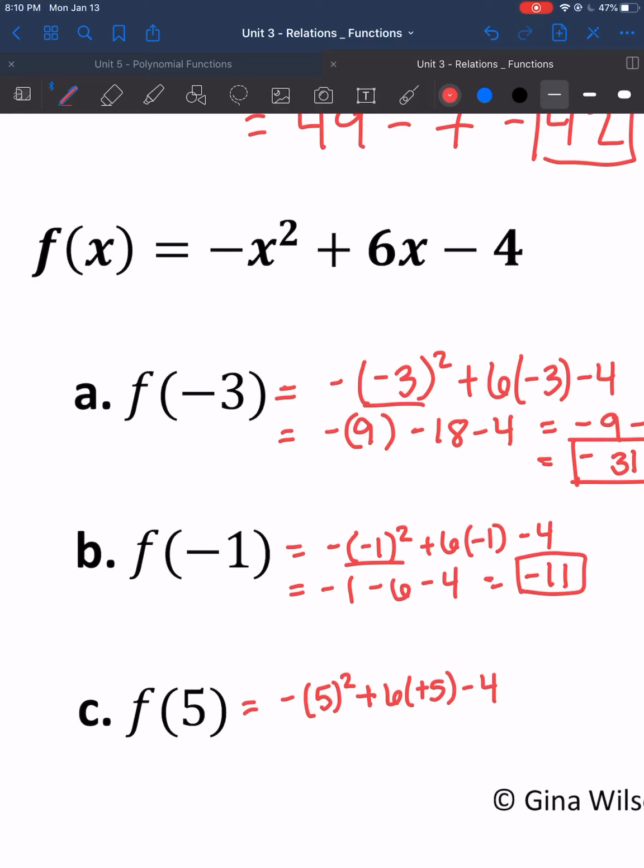So 5 squared is 25, but it becomes negative. 6 times 5 is 30 minus 4. When I add negative 25, 30, and negative 4, I get 1. So f of 5 is 1.